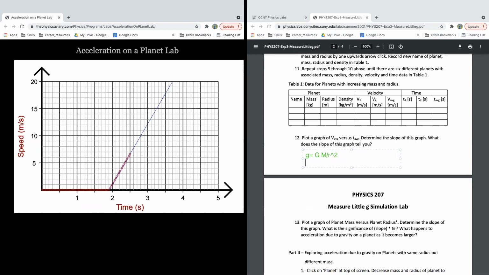So basically, what you want to do is mass over r square, which is supposed to be g over G. If you divide this equation by the capital G, then it should be m over r square equal to g over capital G. And this is the slope.